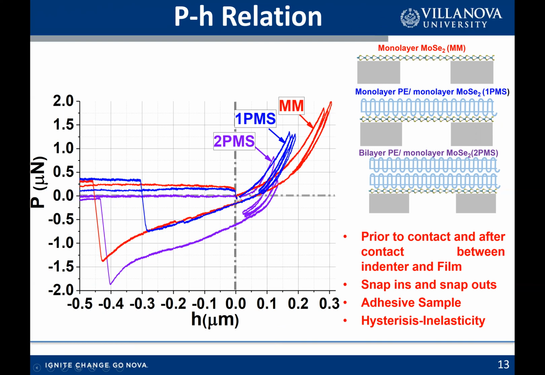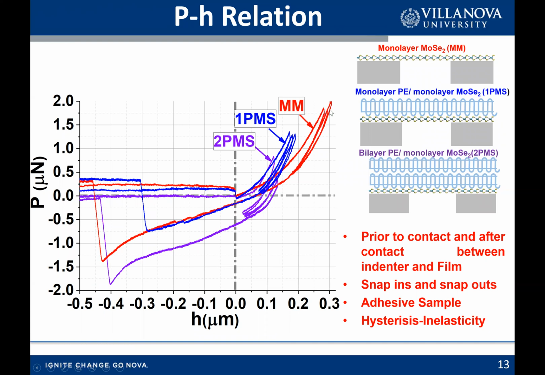And with the passage of time, here the indenter is just approaching the thin film. And when it has touched the thin film, there is a snap in and the loading starts. So we can see there are curves for loading and unloading. So we used 3 cycles of loading and unloading for the thin film testing.